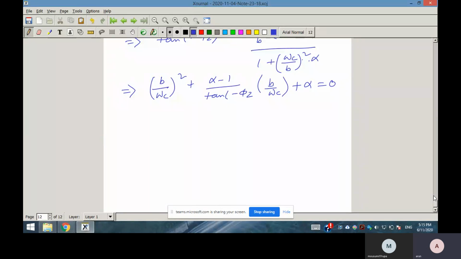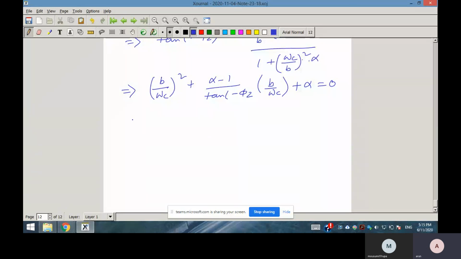So that's why omega c is much greater than b. That means b is much smaller than omega c. Also, b is real, of course. b is a positive real solution.